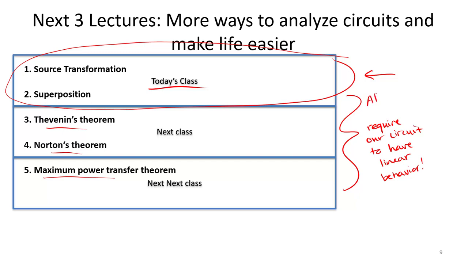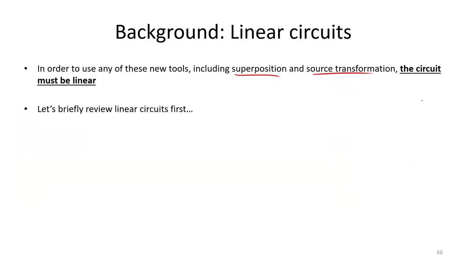So all 5 of these tools require our circuit to have linear behavior. And the good news is, most of the time in this class, our circuits are going to have linear behavior. But let's just briefly review what that means. What does it mean for a circuit to be linear? What do we need to watch out for in cases where circuits do not behave linearly? Let's take a look.